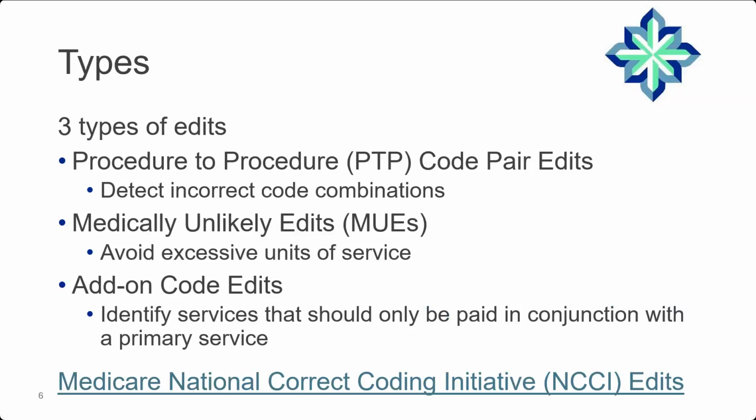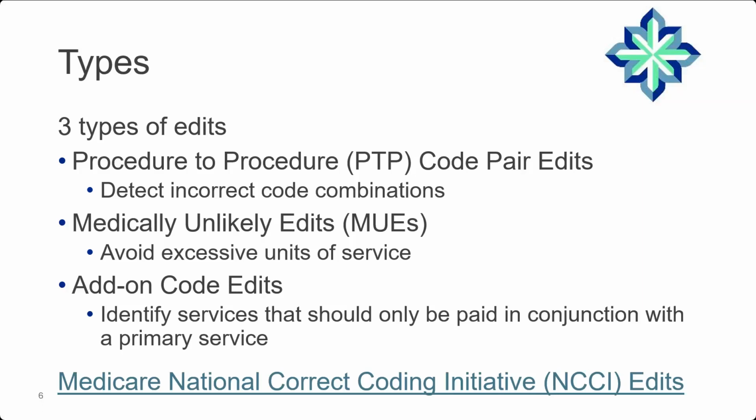These are designed to detect incorrect code combinations by having 2 codes. One is payable and one is bundled into that code, and may be modified at times to make a separate payment. We'll show you the actual tables that tell you whether or not you can use a modifier on the other code.